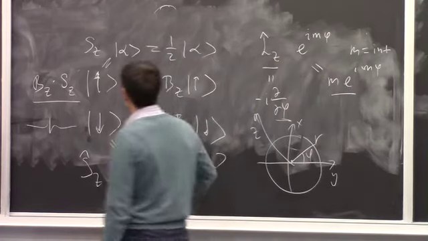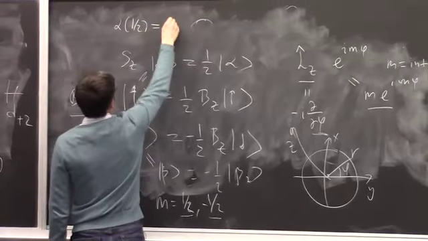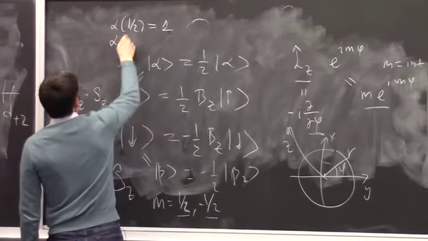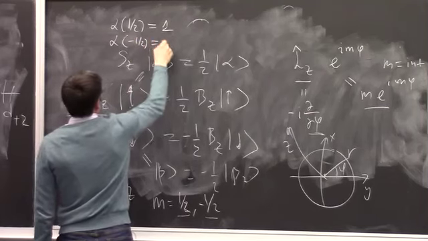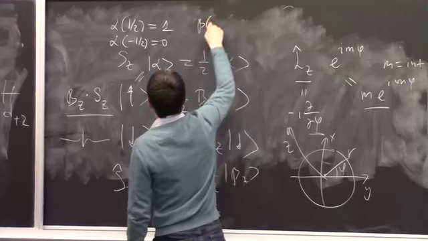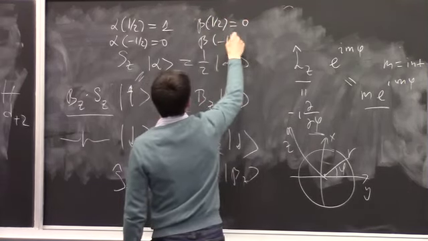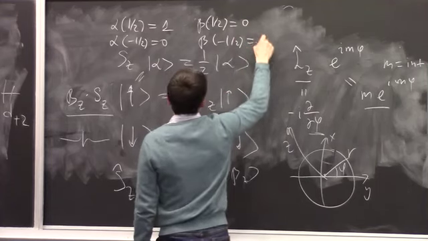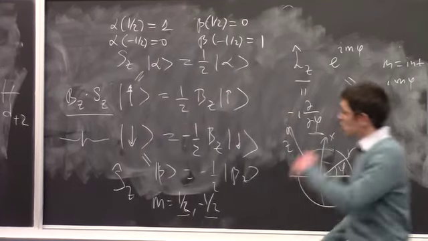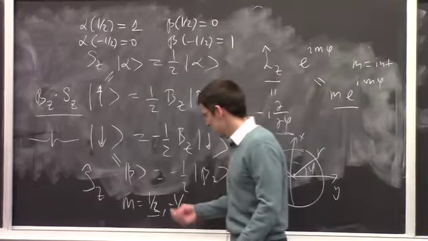They are defined so that alpha of 1/2 is 1 and alpha of minus 1/2 is 0. Beta is defined so that beta of 1/2 is 0 and beta of minus 1/2 is 1. Okay, so there are two functions, alpha and beta, and they are defined on this discrete variable.